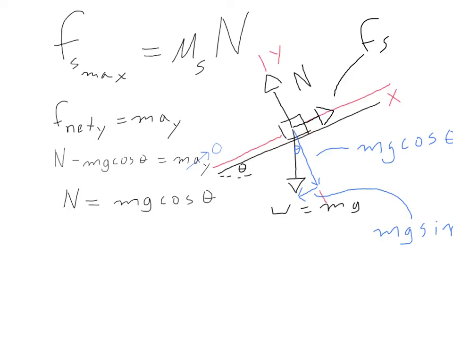If this component, mg sine theta, is larger than the maximum possible static friction force, then this block will start sliding downhill. That's why we need to know this equation. That's really the only reason why we have to know this equation: to detect if an object will slip in a given circumstance or it won't slip in a given circumstance.